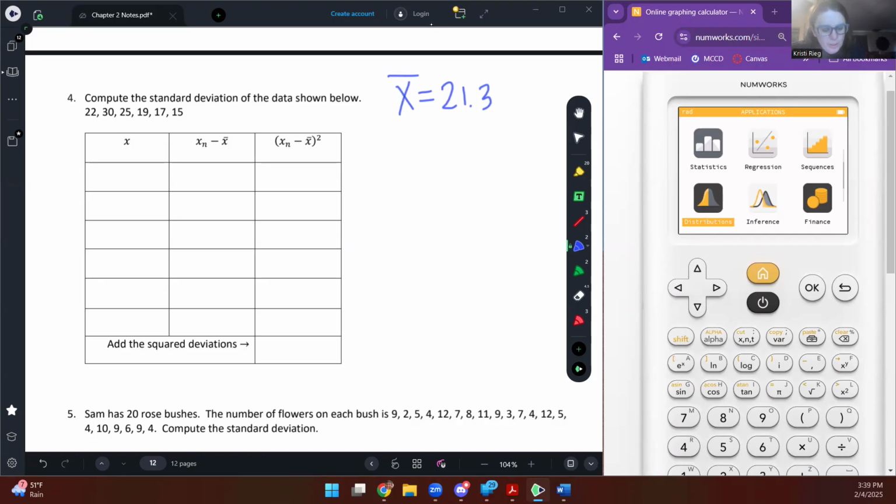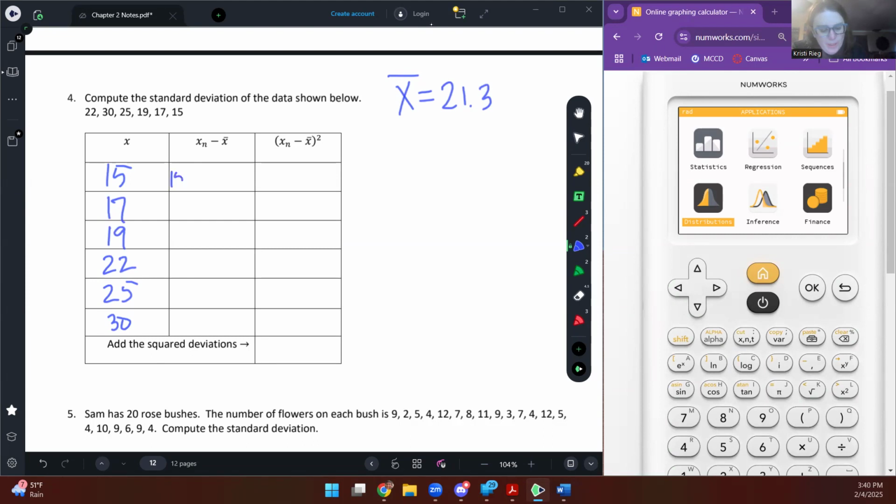In order to do this, we're going to write down the numbers, and it doesn't matter the order. It's not the same as median, but since there are only 6, I like to put them in number order just to see patterns if there are any. The first thing we're going to do is find the deviation, in other words, subtract the mean. So here's our mean, 21.3.